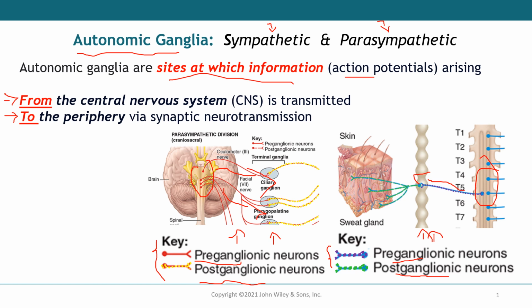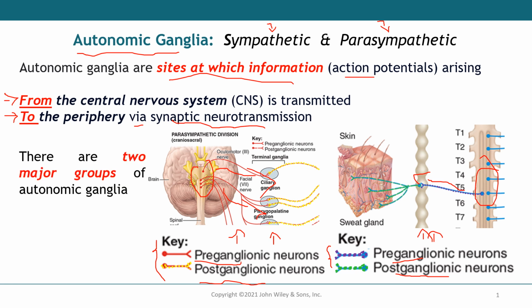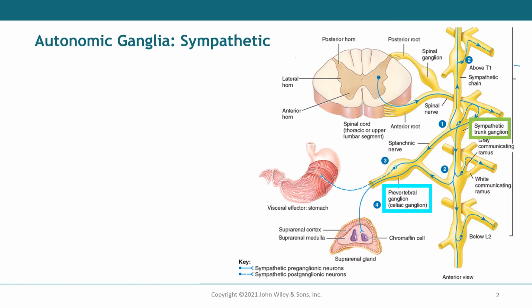This is via synaptic neurotransmission. Later, in the last section, I will talk about some neurotransmitters that do this. As I told you in the beginning, there are two major groups of autonomic ganglia, the sympathetic and the parasympathetic. Now let's talk about this major division. The first one is the sympathetic.